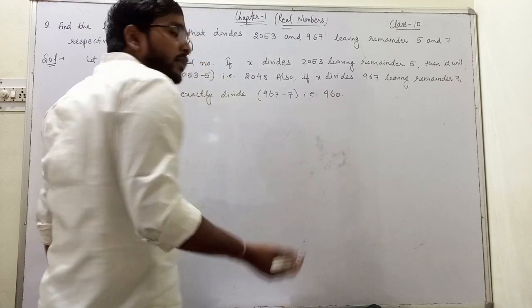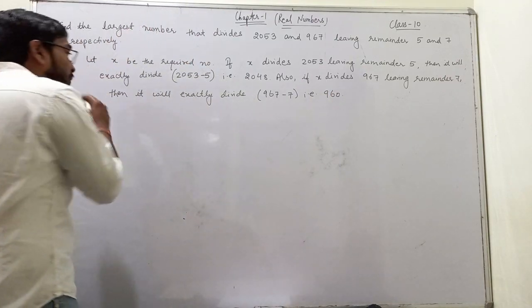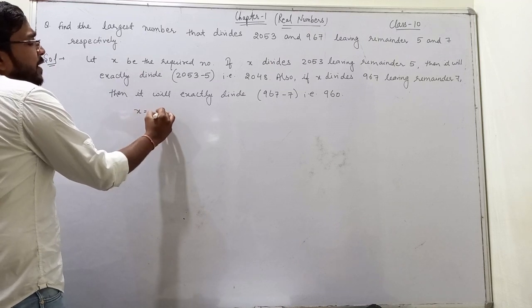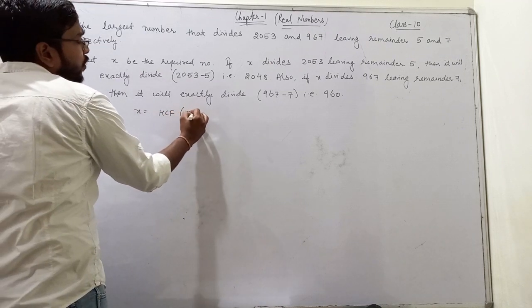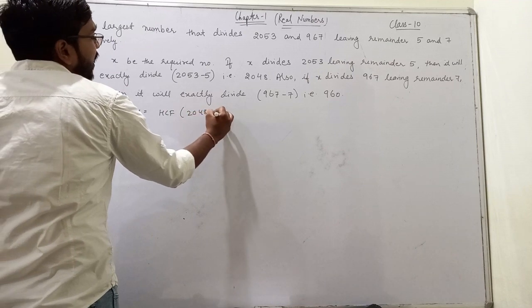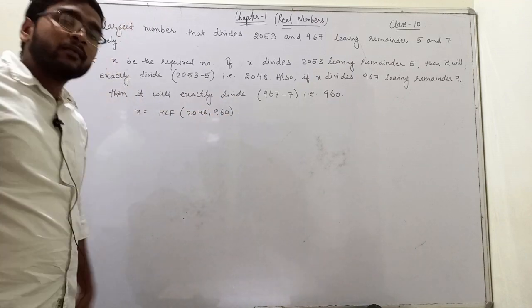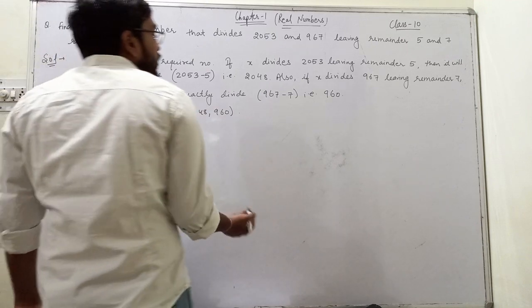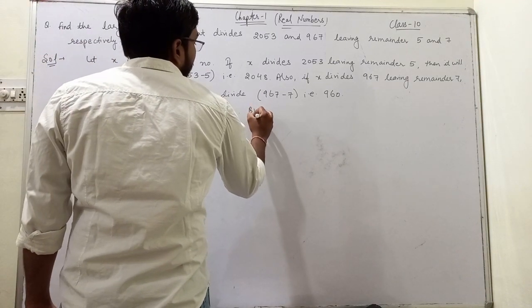Okay, the problem is very similar to the problem we just did. Now x will be equal to the HCF of 2048 and 960. Here 2048 is greater than 960. We will apply Euclid's division algorithm.